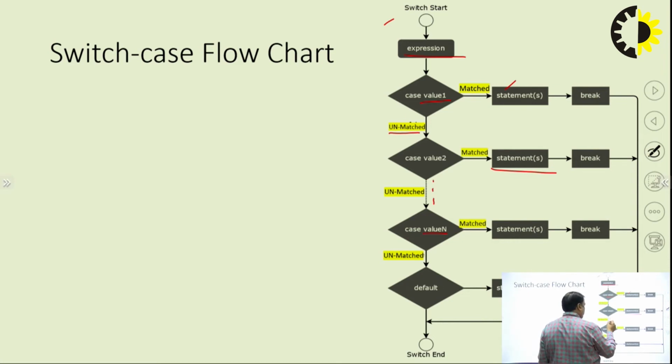So it will go on checking different values of labels, and if no label is matched, then in that case default will be used. Default is optional. You can use default or you can not use default. After default, you will come out of the switch anyway.